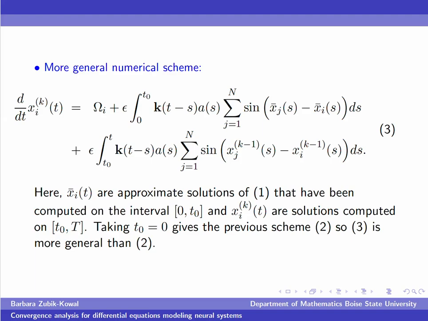And at the same time, the second integral is from 0 to t. So this means that scheme 3 generates scheme 2. And this also means that 3 is more general than 2, and error bounds derived for 3 can be used to establish error bounds for 2.